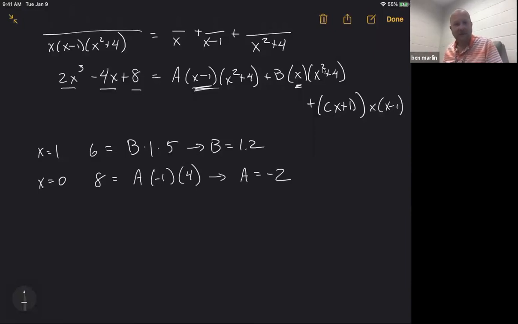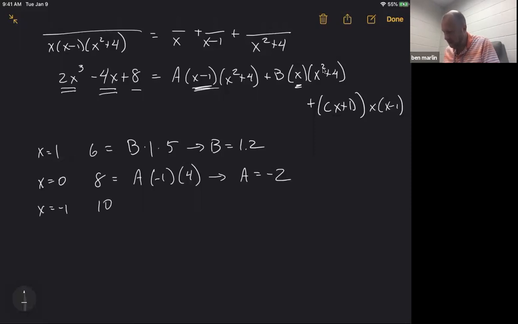Then we're out of the options that make it easy. So if you remember my advice from before, choose stuff that's close to 0. So when you plug in x equals negative 1 there, then you end up with negative 2 plus 4. So that's plus 2 so far onto the 8.